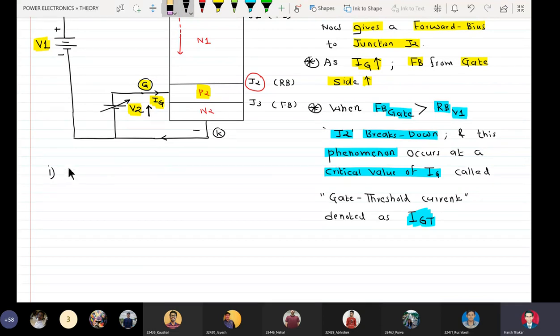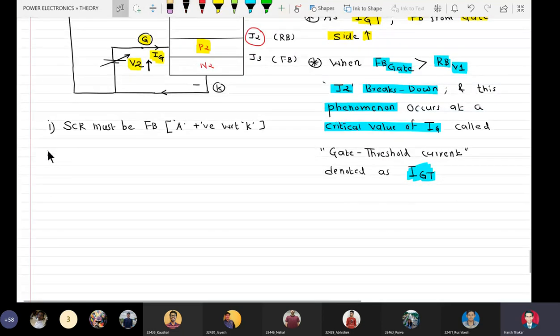First condition is SCR must be forward biased. Okay, that means anode should be positive with respect to cathode. First condition.